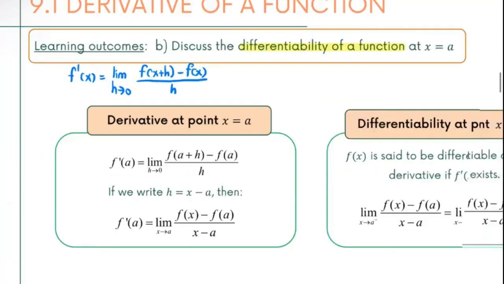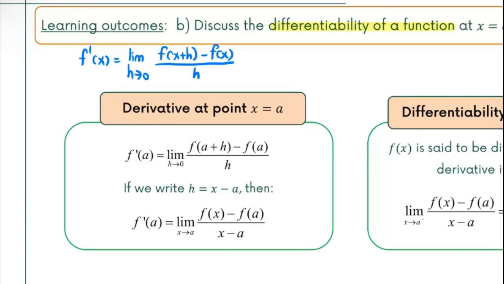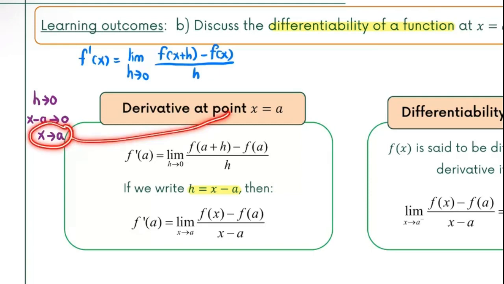So macam mana dia boleh bertukar? So this is what happened actually. So kalau kita kata tadi as h approaching 0, asalnya ini h approaching 0. Lepas tu this question state that we can rewrite h equals to x minus a. So saya gantikan h dengan x minus a. So dia jadi approaching 0. So rewrite saya akan dapat x approaching a. So inilah yang kita akan gunakan untuk cari derivative at point x equals to a.